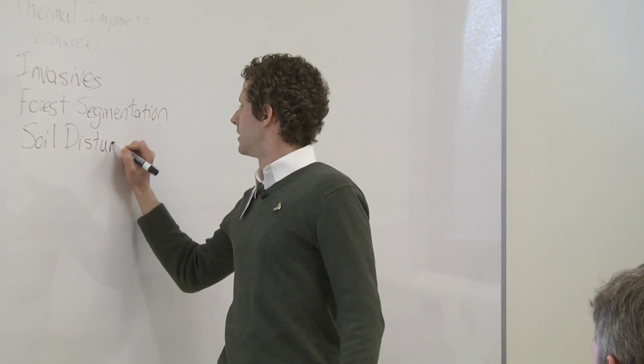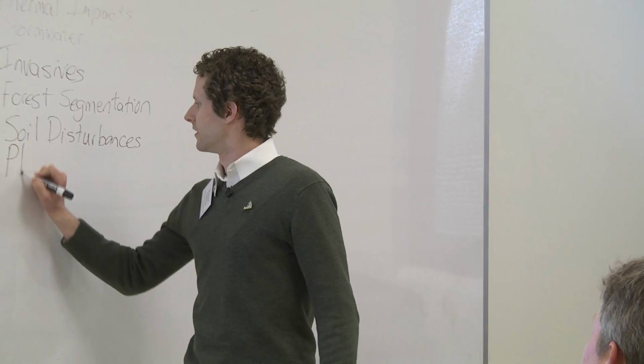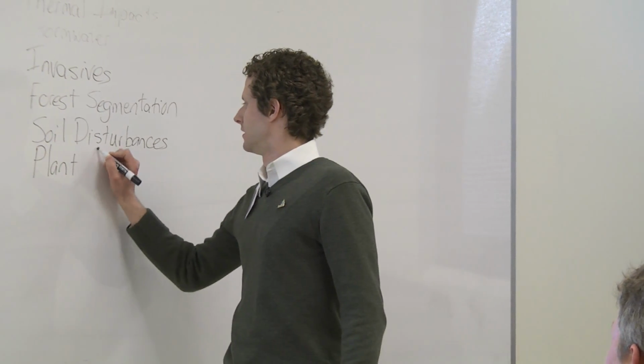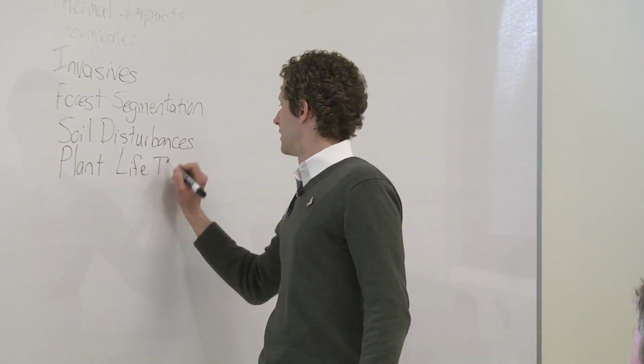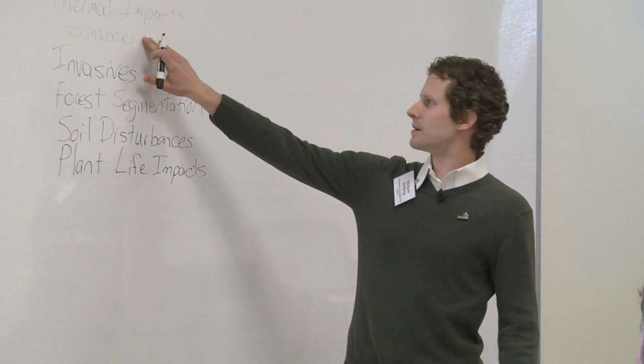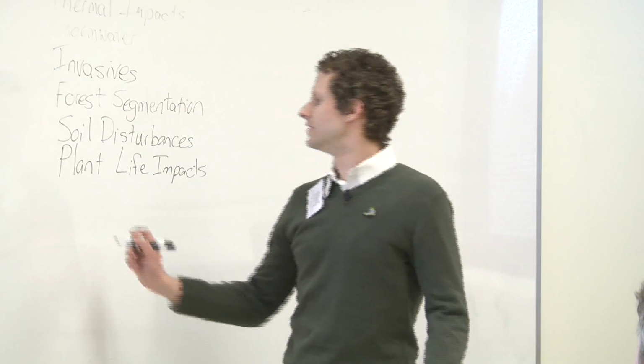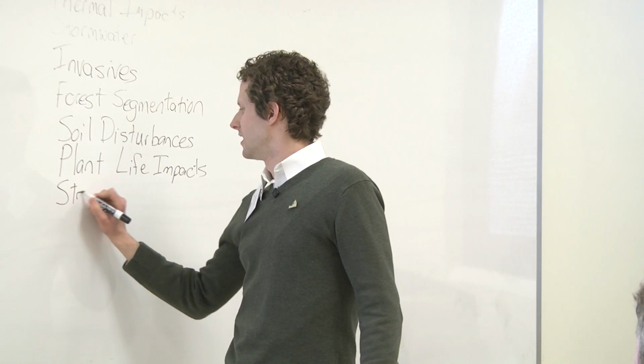Loss of vegetation. Okay, so plant life impacts. And this is somewhat related to the stormwater. Stream crossing impacts. Absolutely.